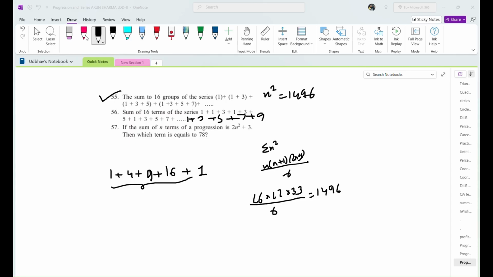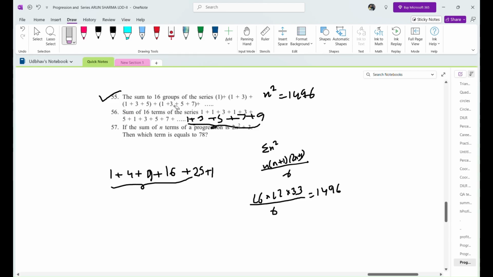Oh, 25 will also be there. 25 plus 1, because this is 25. So this is 56.